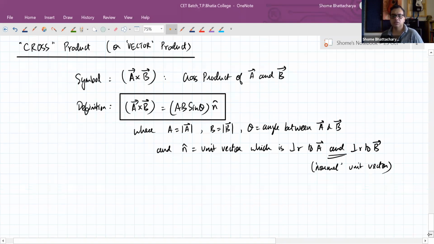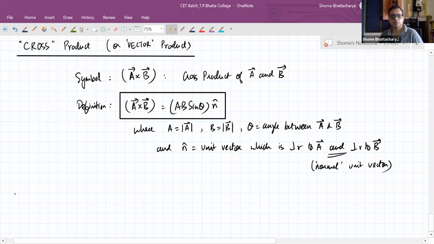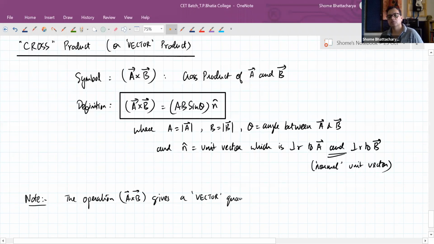Okay, let's understand a few more aspects about this definition. The operation A cross B gives a vector quantity. That's why it is called vector product.